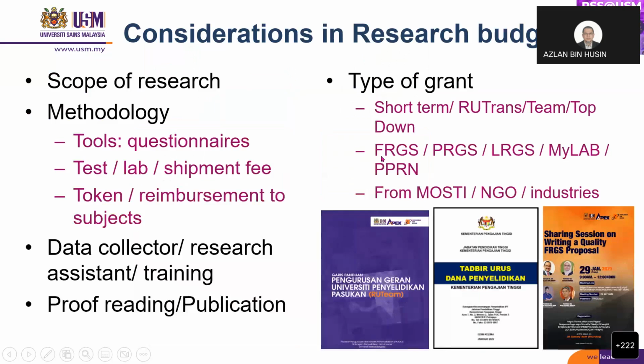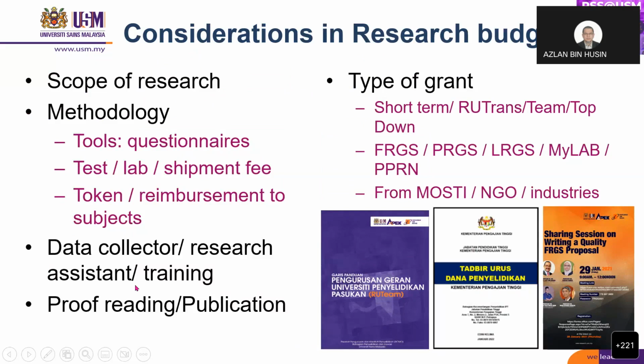Okay, so a little bit on the research budget. I think time is already out. You have to consider the scope of research, the tool that you use, questionnaire and everything, measurement tool, or whether it involves test or lab fee or shipment fee, token reimbursement to the subject, how you plan your data collection.